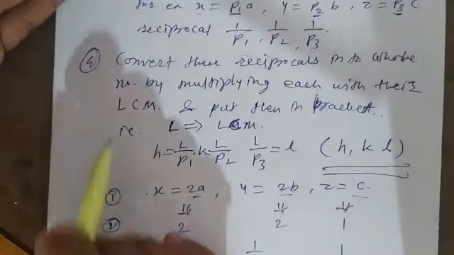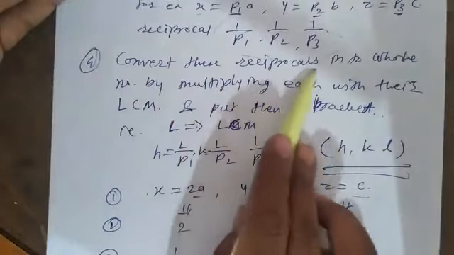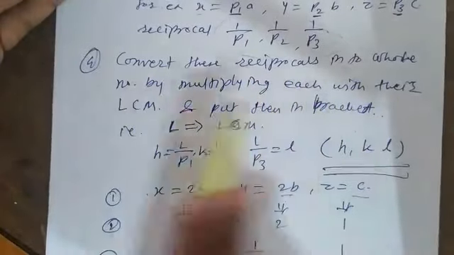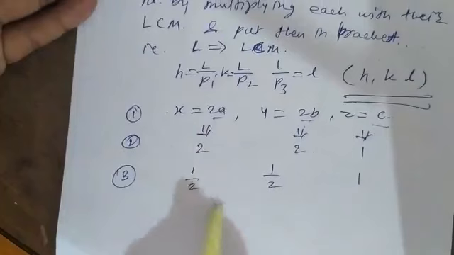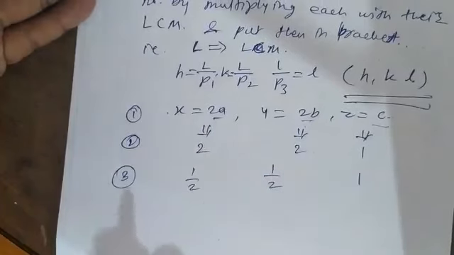And what is the fourth point? Convert the reciprocals into whole numbers by multiplying each with their LCM. Now these are the fractions 0.5, 0.5, 1.